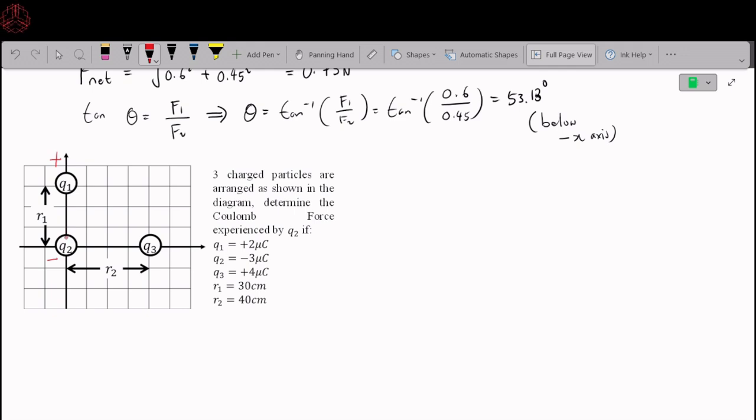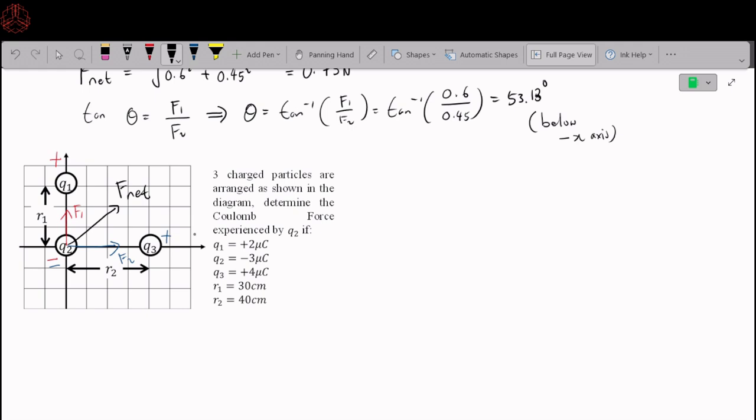Q1 is positive, Q2 is negative, therefore the forces are attractive. Q2 and Q3, again, one is negative and the other is positive, so they are going to be attractive, and thus we can write down F1 and F2. And thus the net force is going to be in the first quadrant.